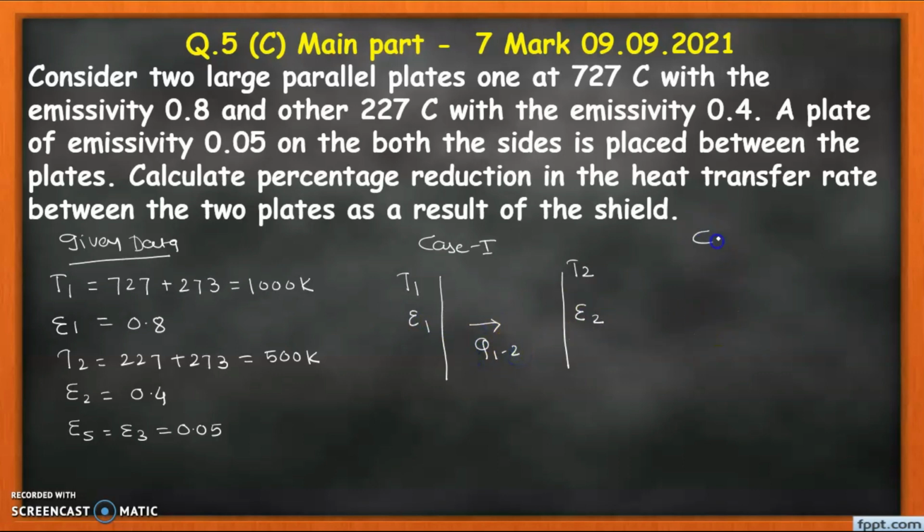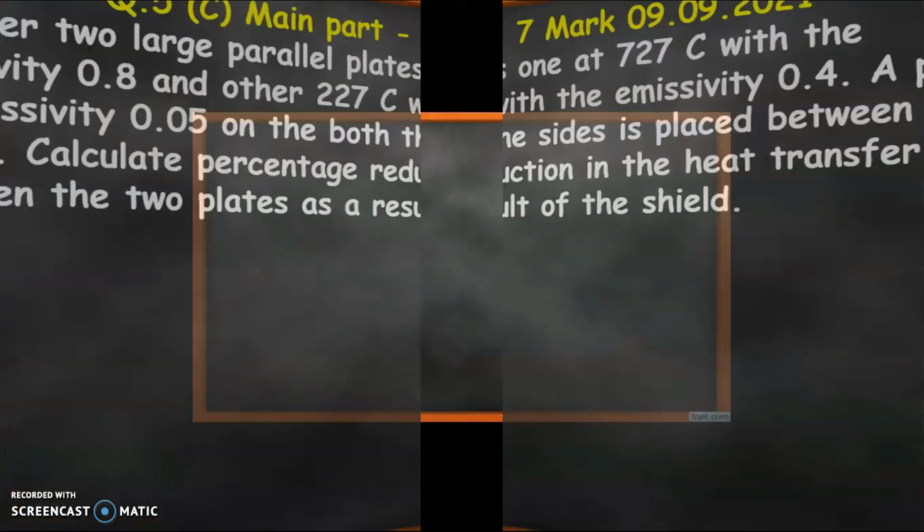In case 2, we put the radiation shield between the two plates. So this is T1, E1, this is T2, emissivity E2. We put the shield over here, having the emissivity of ES, and we need to calculate the percentage reduction of heat transfer between the two plates. So let's start with case 1.